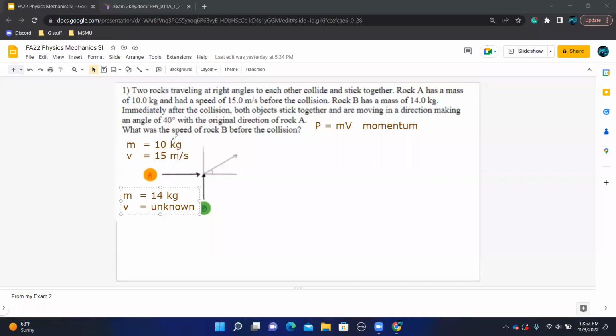That's what we're solving for, I believe. Let me go ahead and draw in. These are supposed to be subscripts. And then it says that after they collide, this is a 40-degree angle. The dot is degree.